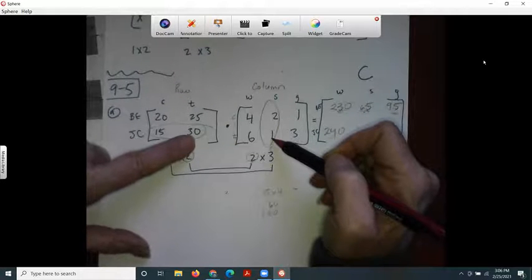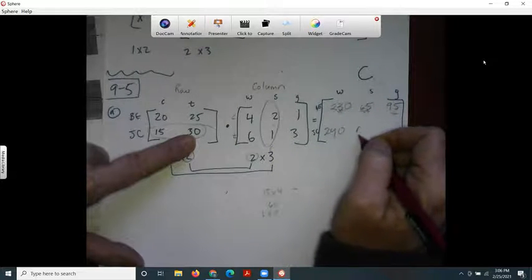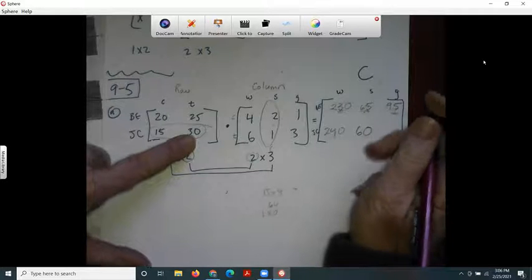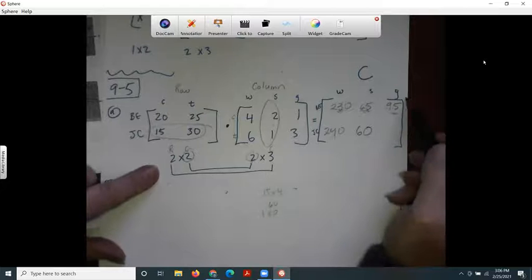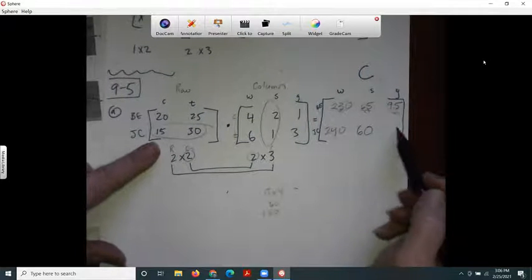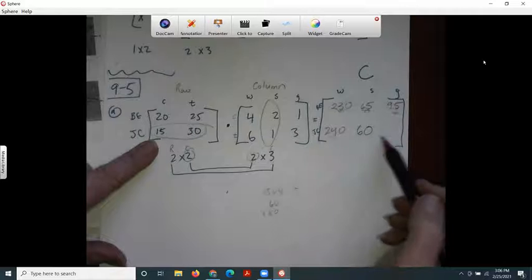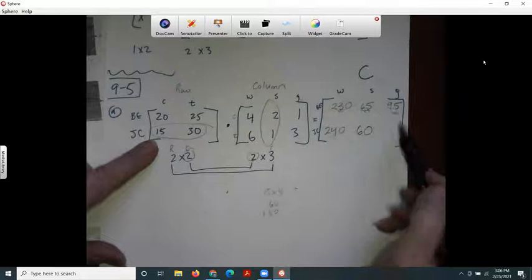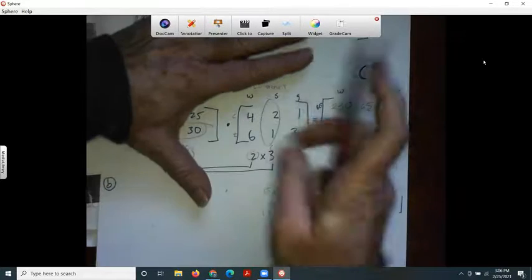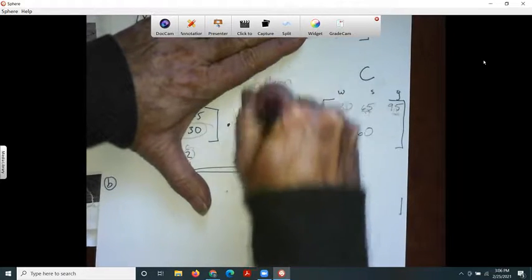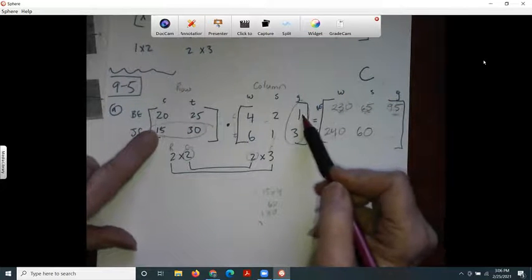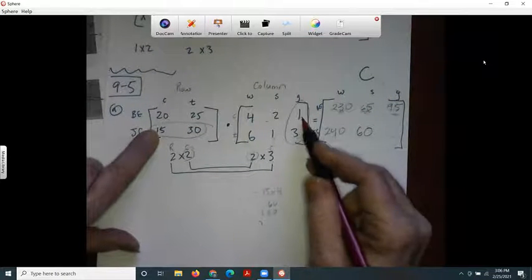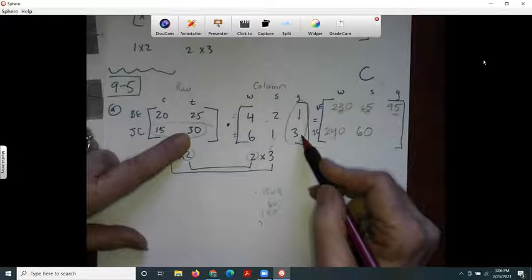I don't do so hot without the calculator. The next position is row 2, column 3, so on my column matrix I want to multiply by column 3. 15 times 1 is 15, plus 30 times 3 is 90. 15 and 90 make 105, I think.